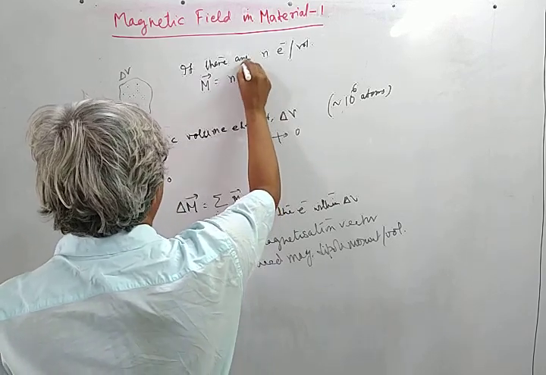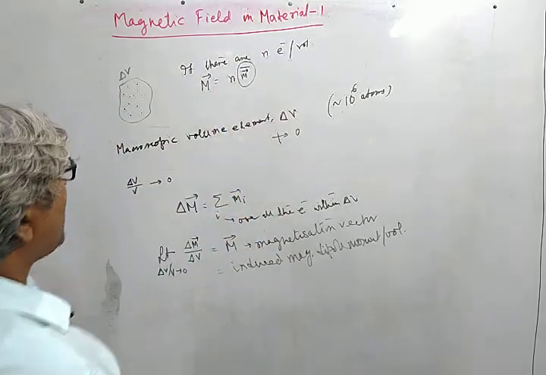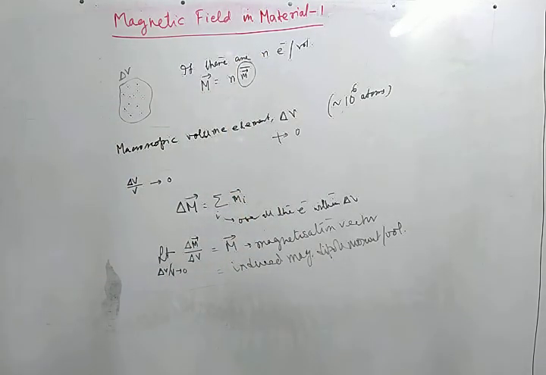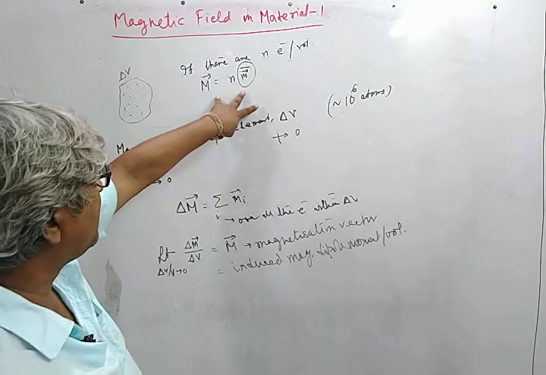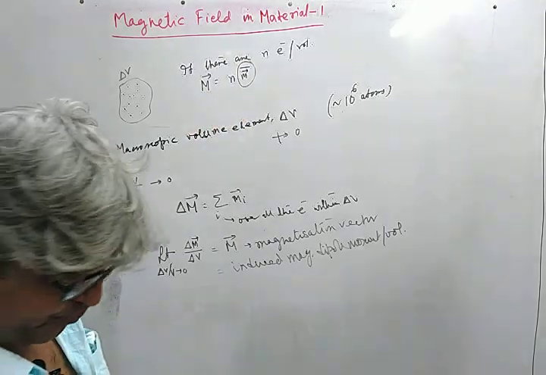So this is the average dipole moment per electron, and if we have n such electrons in unit volume, then this is the simple formula for magnetization.